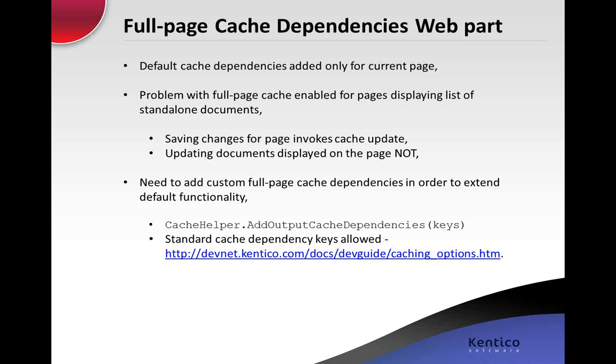So if you have a page that is displaying a list of articles from different locations, and you apply full page cache on the page that is displaying this list, if there is a change made to this page, the full page cache will flush. However, if you make a change to any of the underlying articles, the change won't be reflected on the live site until the full page cache expires.